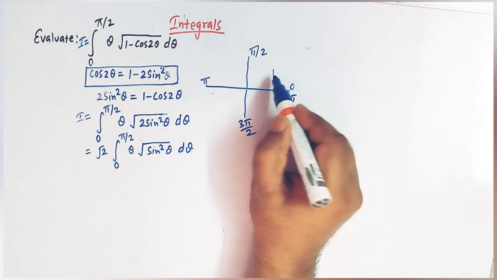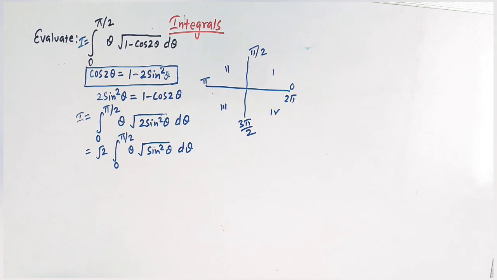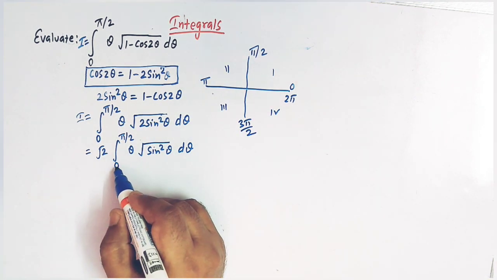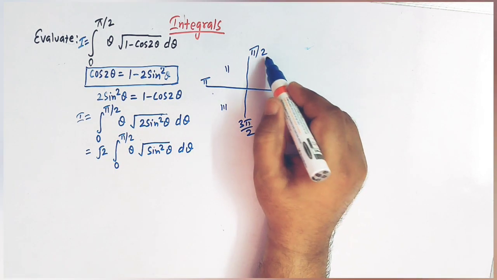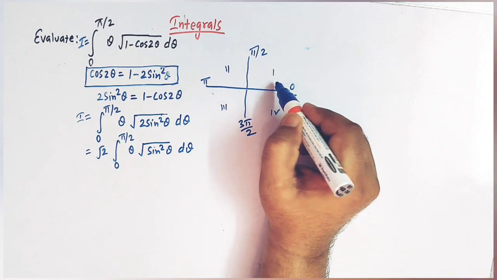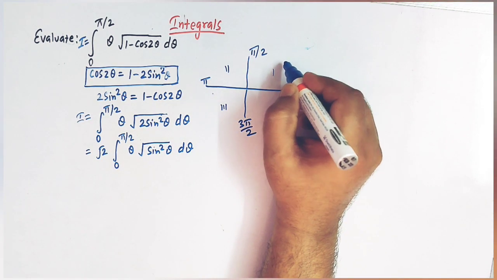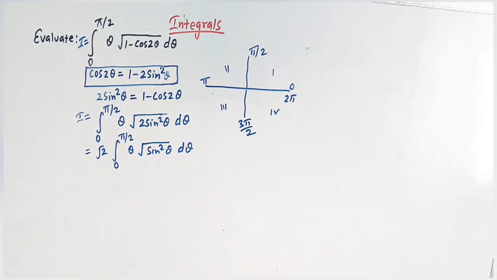So this is the first one, this is second, this is third, and this is fourth, right? Now see, the limits of integration varies from 0 to pi by 2, right? So we have to confine ourselves in the first quadrant, right? And in the first quadrant, we know that all the trigonometric functions are positive, right?